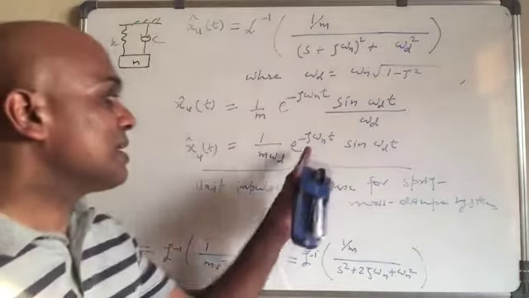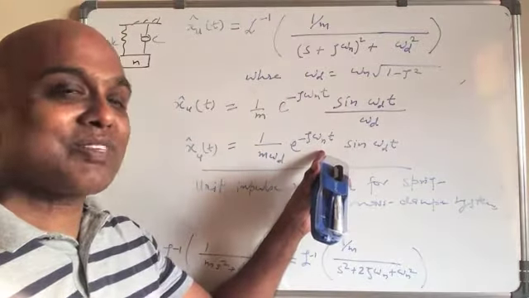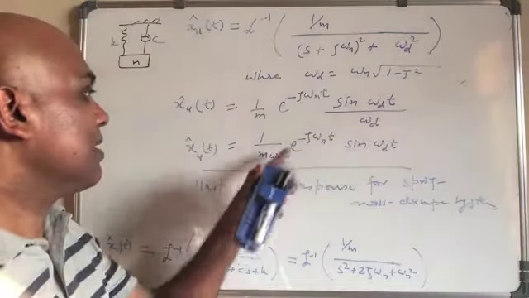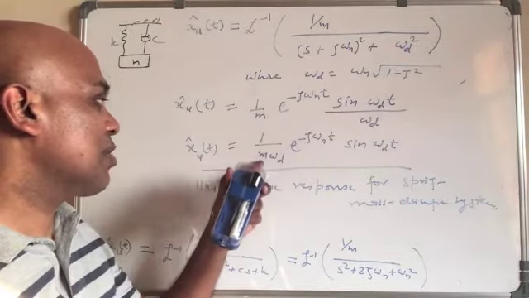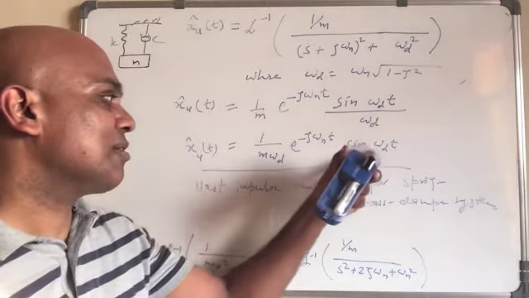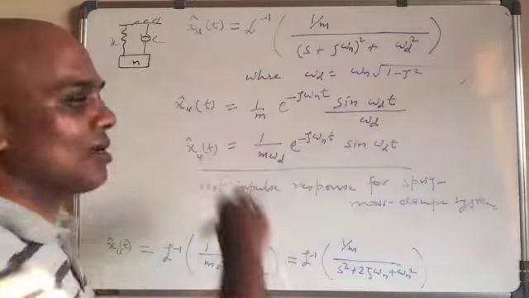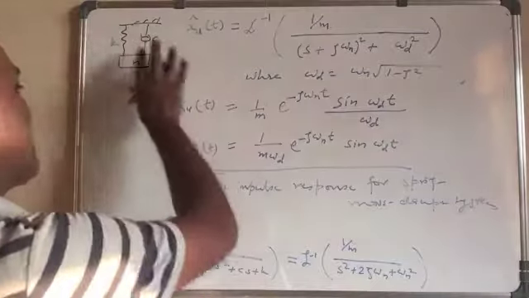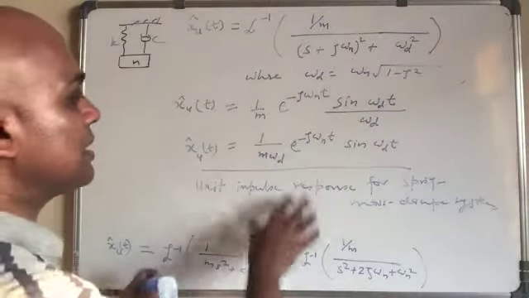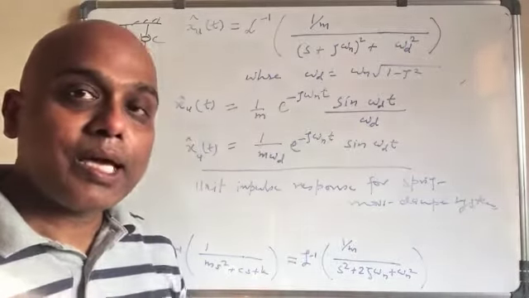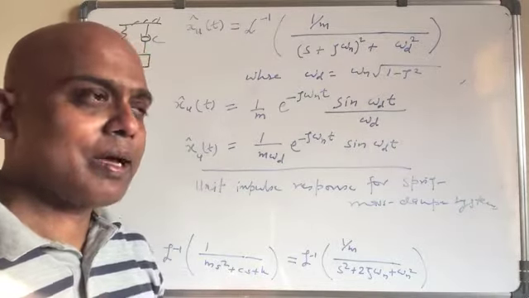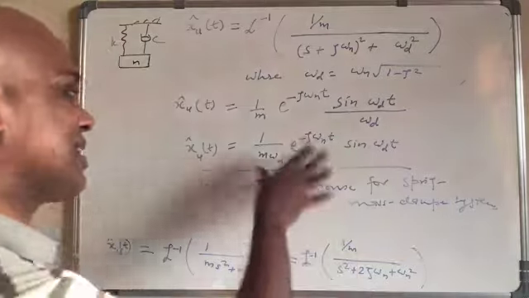If you put zeta equal to 0, omega n becomes omega d, you get 1 over omega n sine omega n t, and automatically this behaves like a spring mass system. But this is for the spring mass damper system. This is what the unit impulse response looks like.